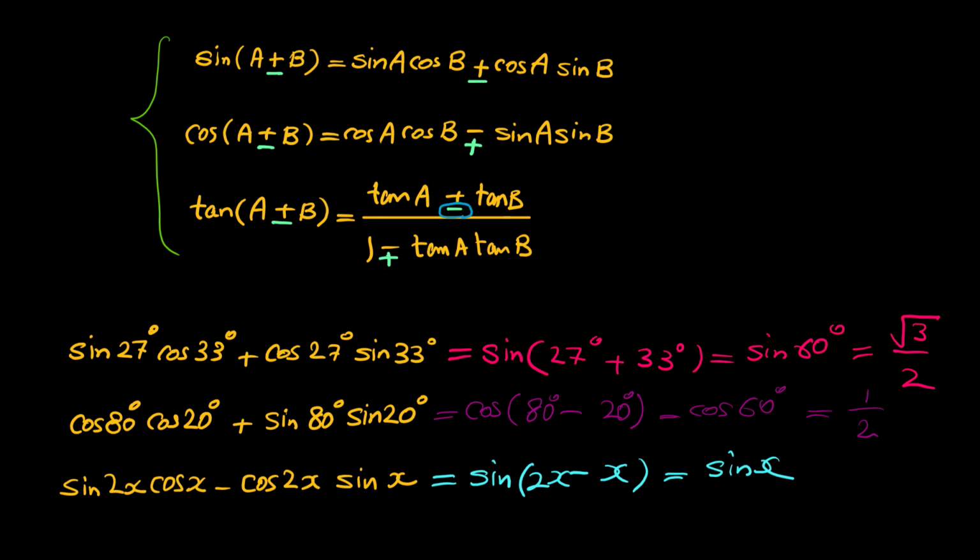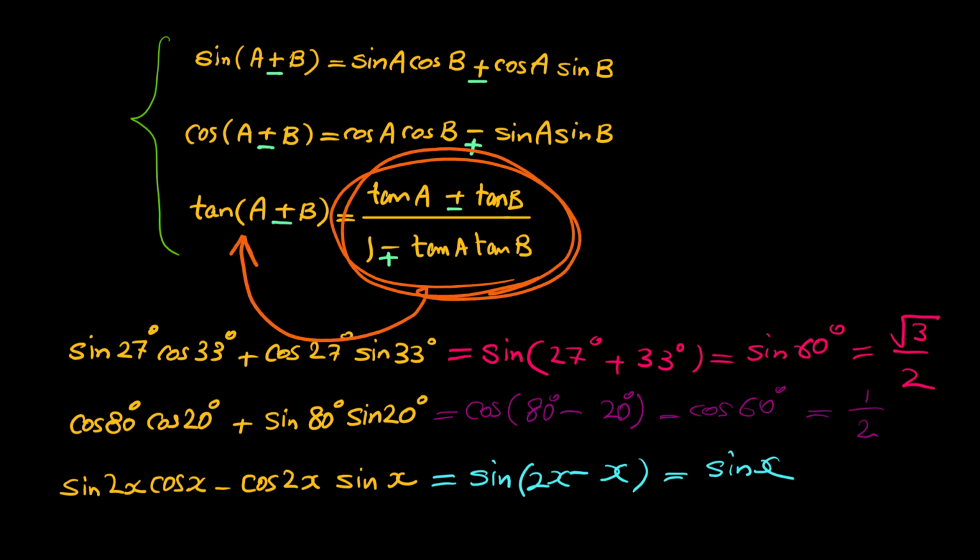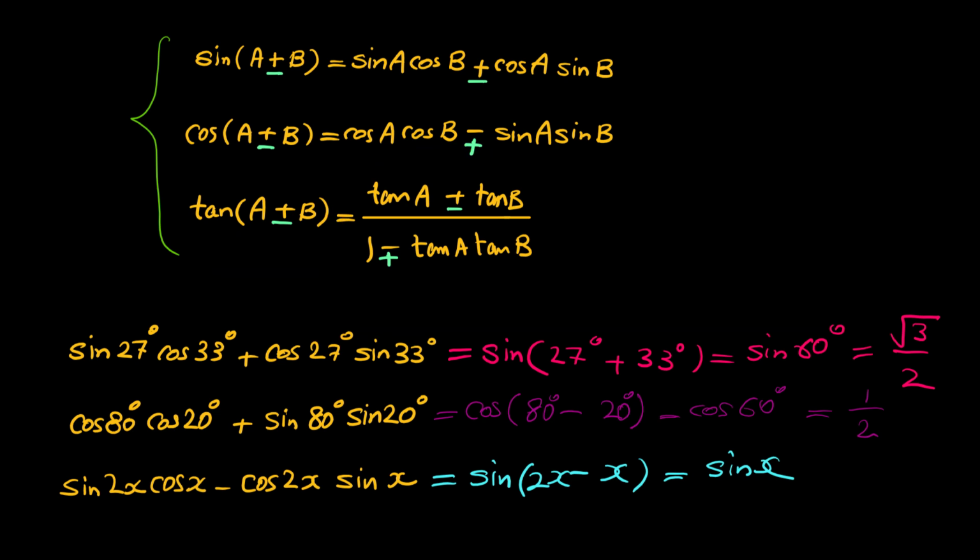When it's minus here, it's plus in the denominator, and the answer is minus. If here is plus, the other side is plus, the denominator is minus. So, based on this relation, tangent A minus tangent B over 1 plus tangent A tangent B is tangent of A minus B. So we want to use this identity to write this in this form.